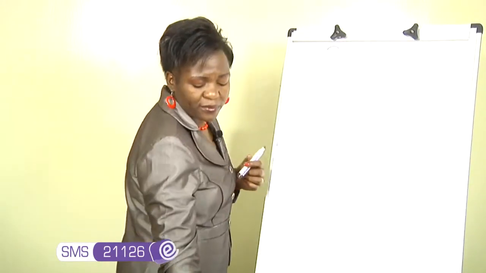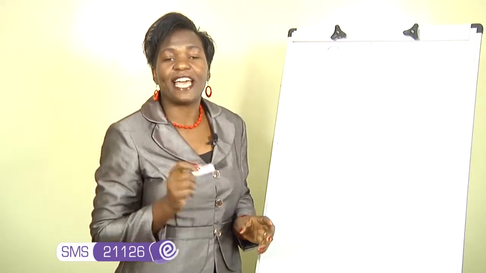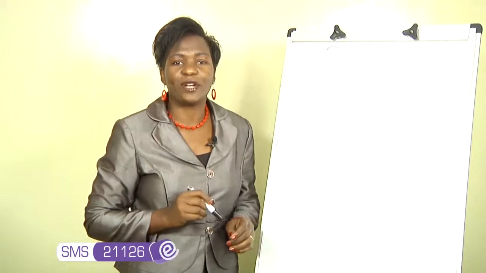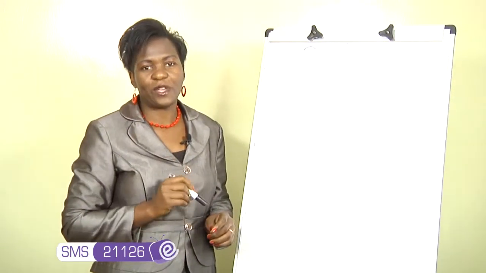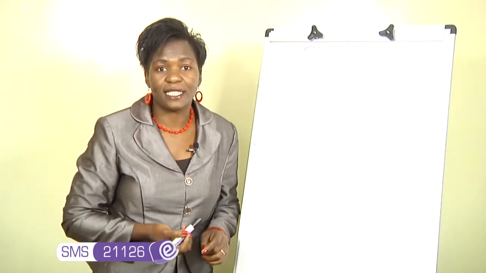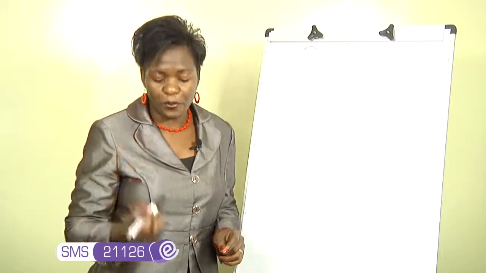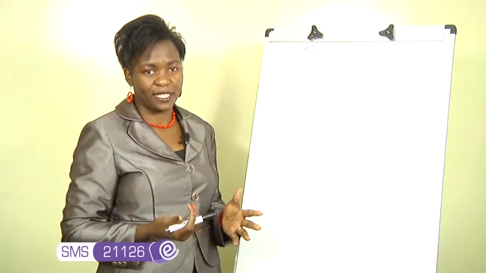In Form 1, we defined rhythm. I believe you still remember the definition. We said that rhythm is a regular movement in terms of beat. It's a regular movement when we are relating it to beat.